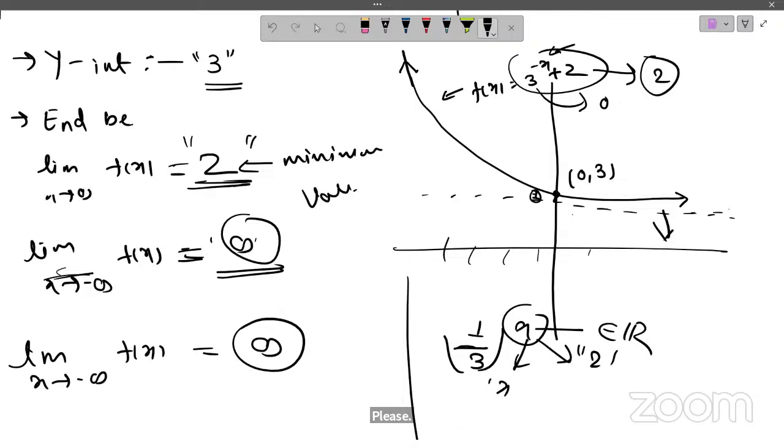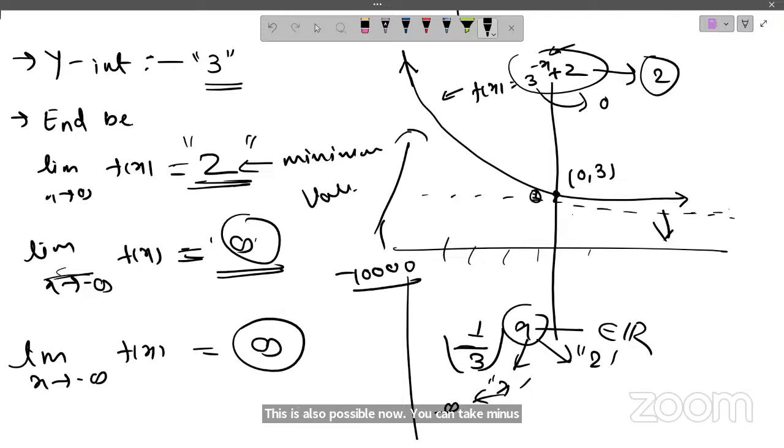But what if x decreases, what if x goes to minus infinity? This is also possible. You can take minus 1000 here also. The function is still defined, right? Minus minus will become plus, and it will become 3 to the power 1000 plus 2. That is a huge number, right?